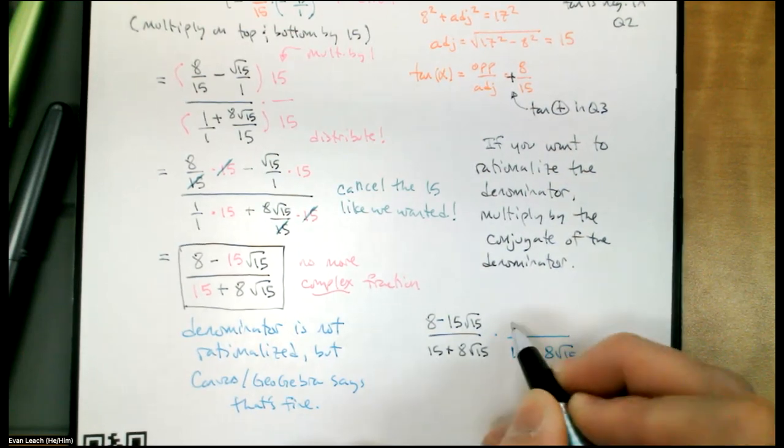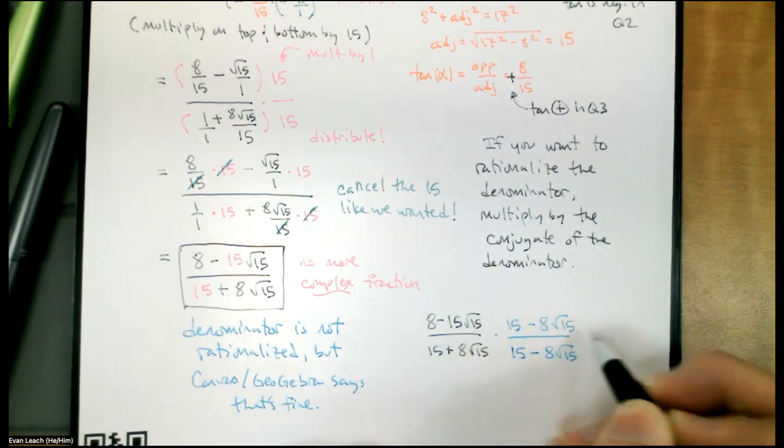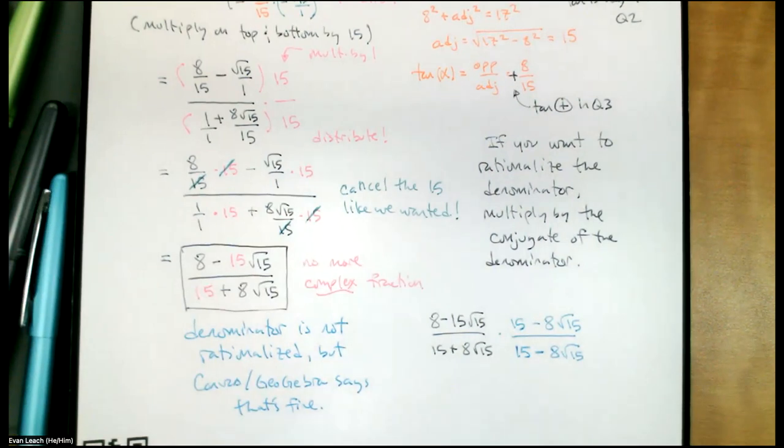And we're going to be using our difference of squares. Now we have to multiply by 1, so I have to do this on top and bottom. This will remove the square root from the denominator, because when we multiply, the O and the I will cancel out.